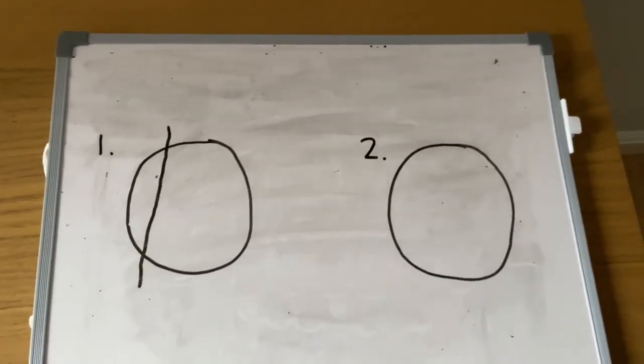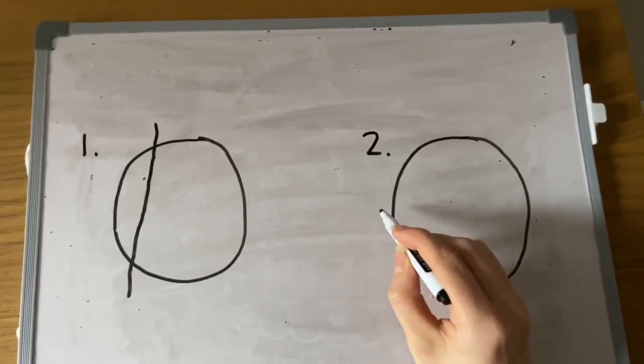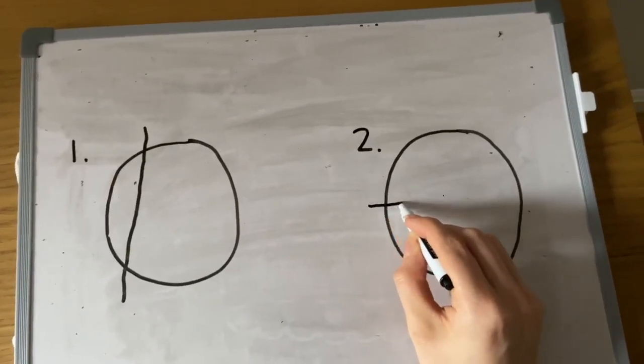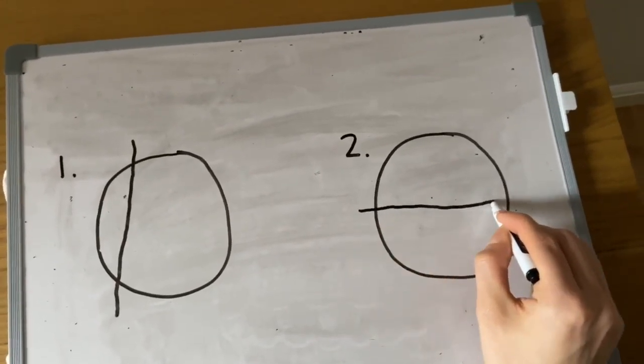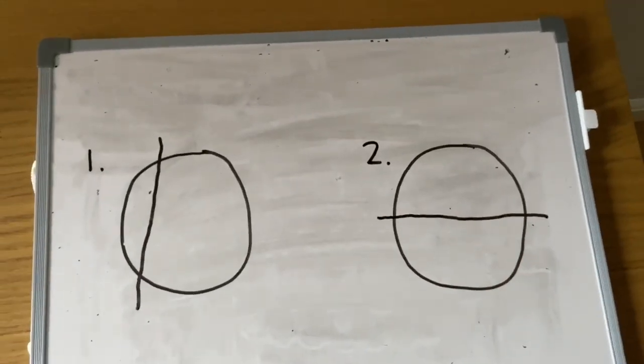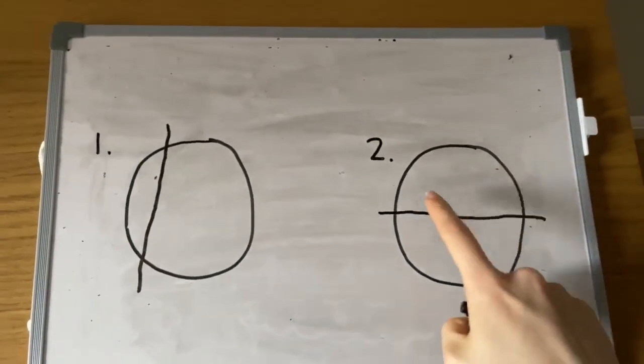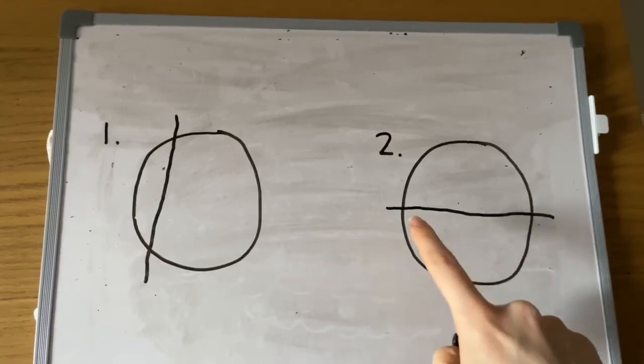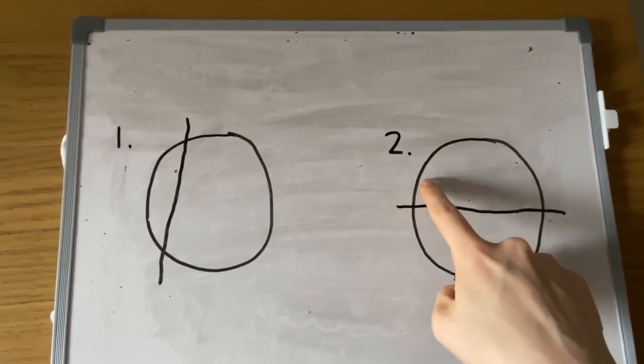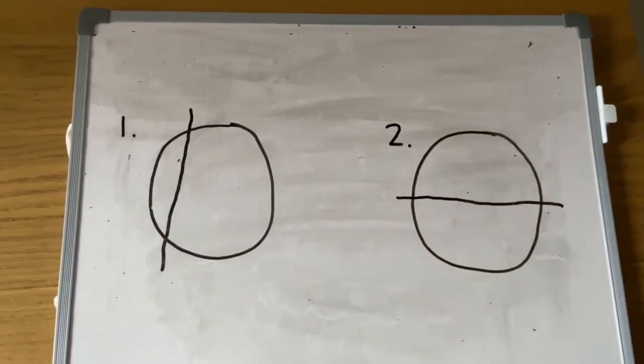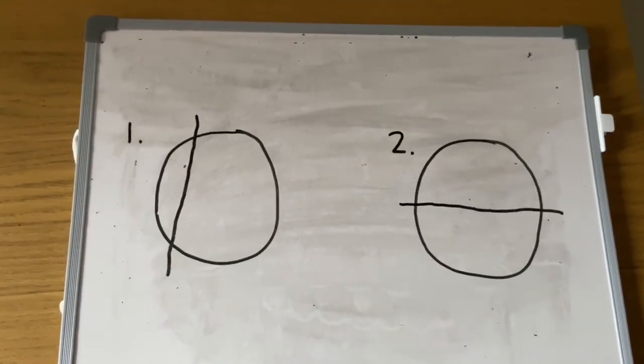However, if we decide to chop it down the middle, exactly like that, we can say that I have one equal half of the pizza and my friend has the other. This is known as a half.